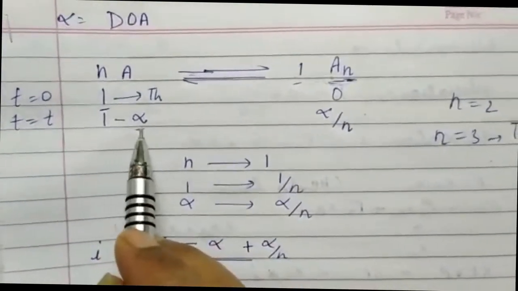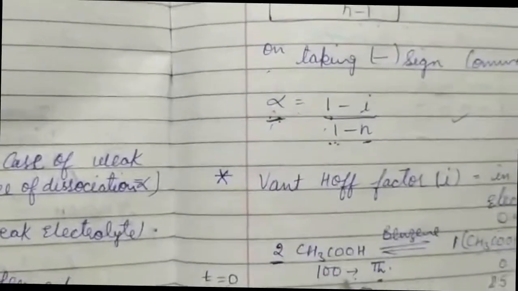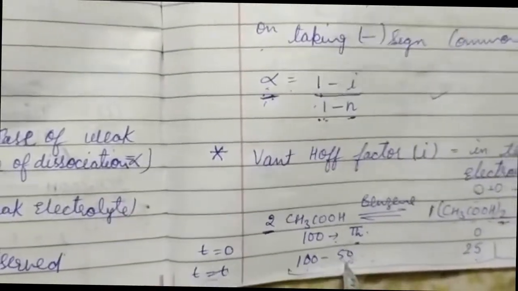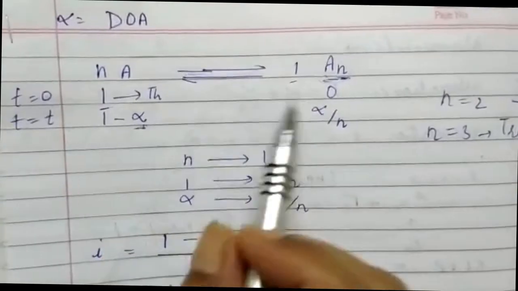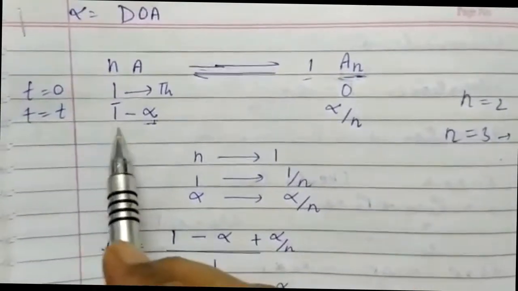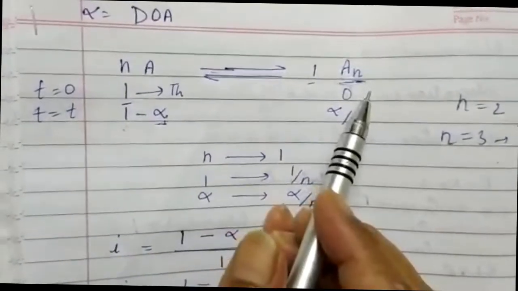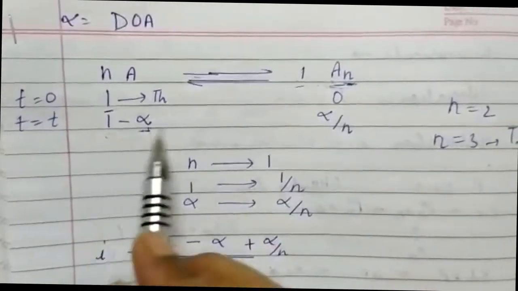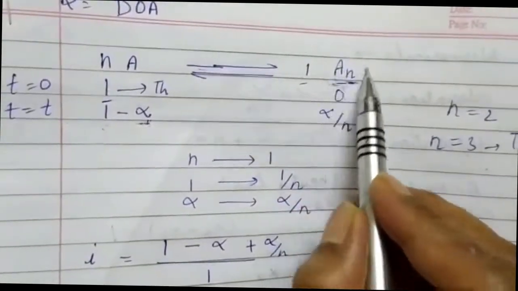In the earlier example we took 50, so instead of 50, what do we write here? Suppose alpha number of particles are undergoing association. So how many will be left here? 1 minus alpha, because alpha are undergoing association.